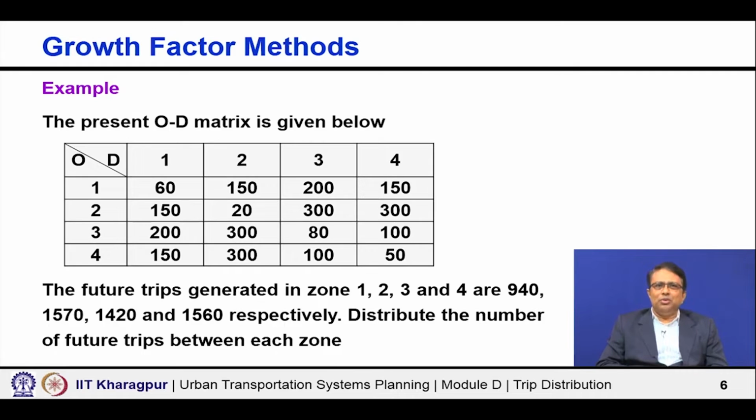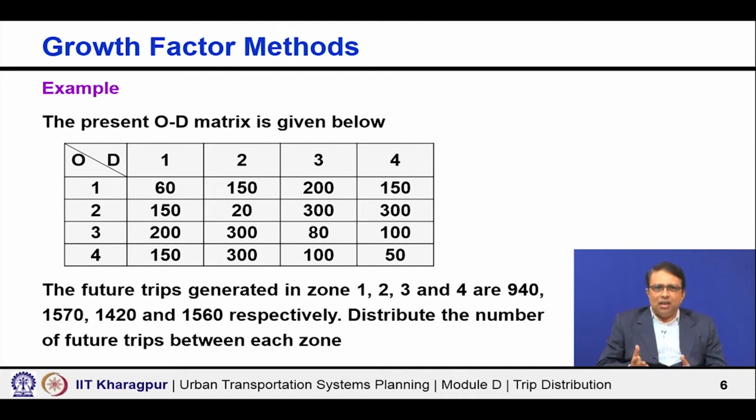So, the productions and attractions for each zone can be obtained, and for a zone the production and attraction will be the same, because Tij equals Tji. So, for the present, what is the production for zone 1? 60 plus 150 plus 200 plus 150.